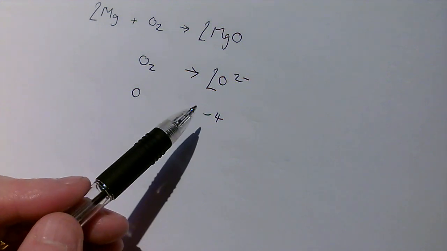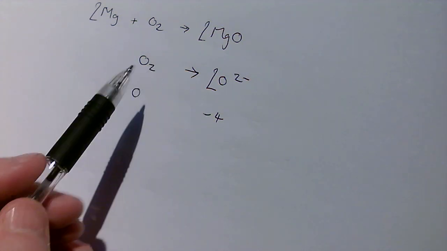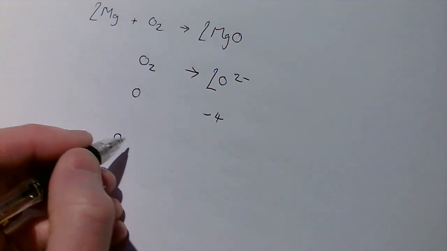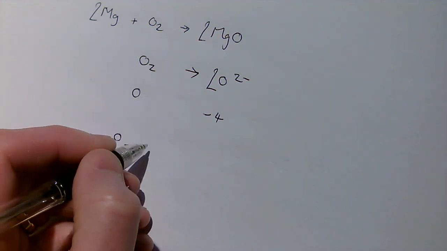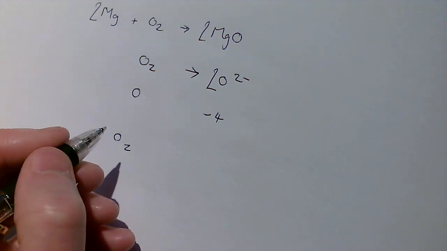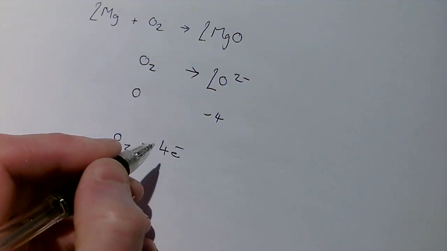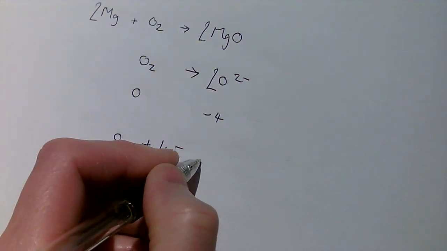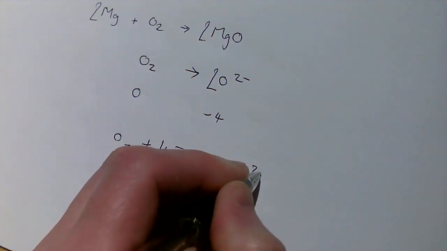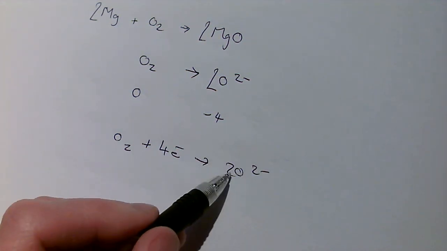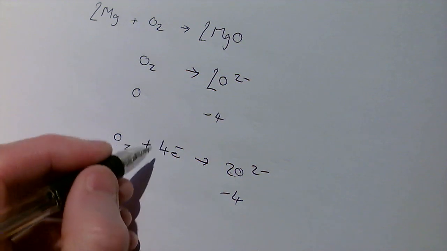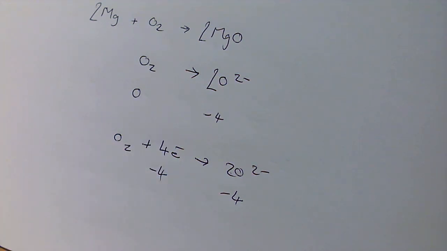So -4, I need to have -4 on the left hand side, and I can get that by adding electrons. So O2 plus 4 electrons goes to 2O2-. So 2 times -2 is -4, and on this side I've got -4. That is now balanced.